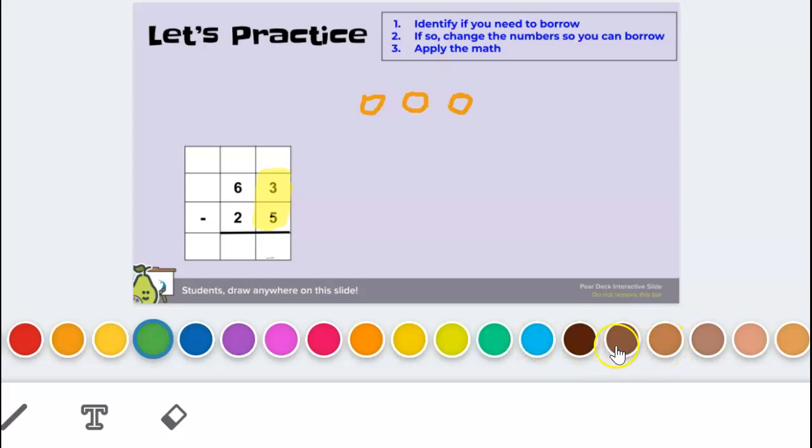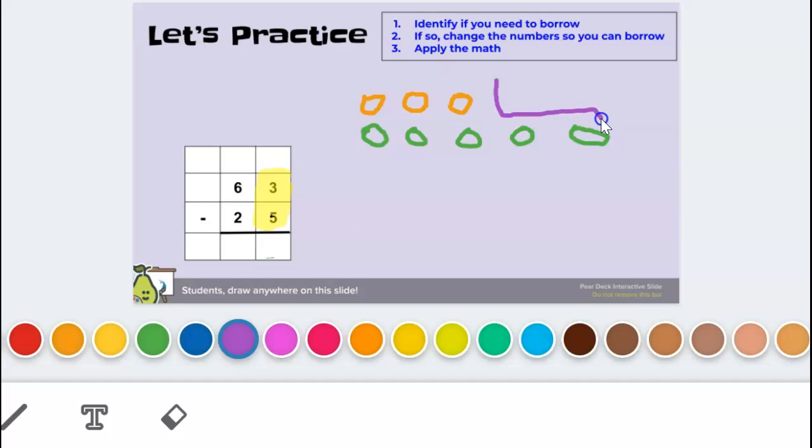They have 3 pizzas and I want 5 pizzas. 1, 2, 3, 4, 5. So this is what I want, and this is what they have. Can they give me all 5 pizzas? No, they can't because they're missing 2 pizzas to give me. So they have to borrow from their pizza shop.